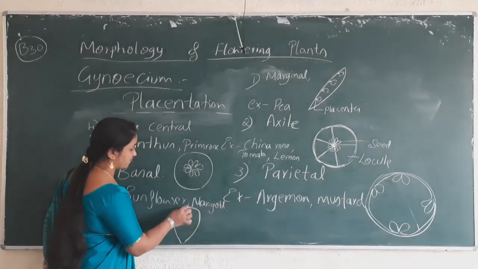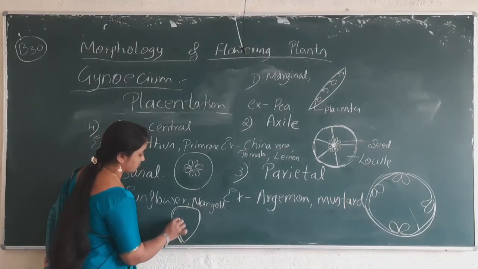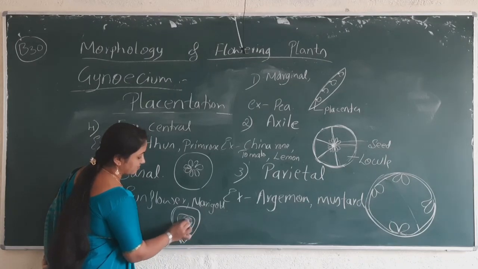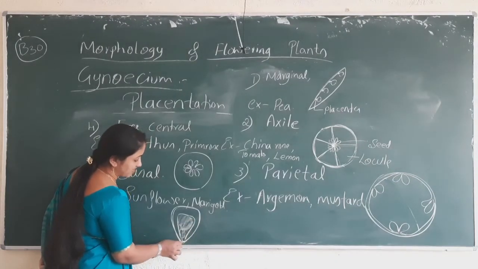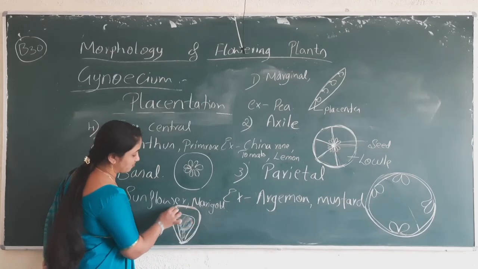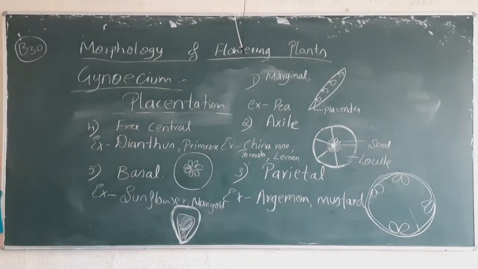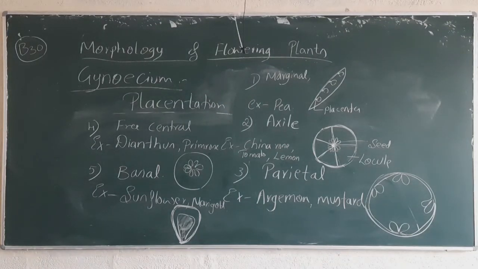Consider this is the ovary. Inside the ovary, it has only one ovule and that ovule is attached to the basal part of the ovary. So this type of arrangement, the arrangement of ovule at the basal part of the ovary, is known as basal placentation.